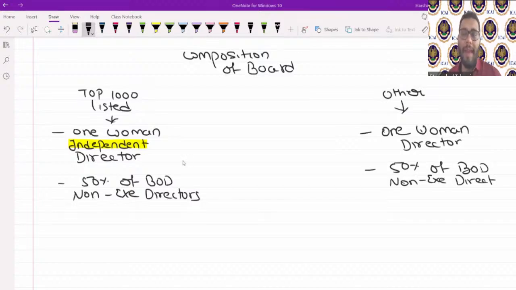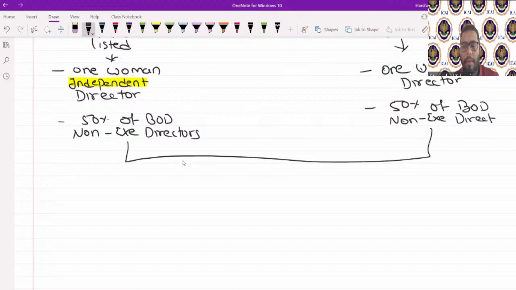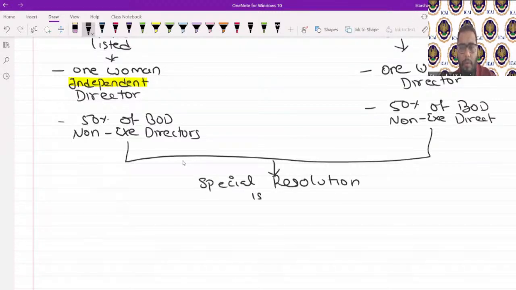So these are the conditions for the composition of board of directors. Now, for any of the non-executive directors out of this 50%, a special resolution is required if the non-executive director is aged more than 75 years.